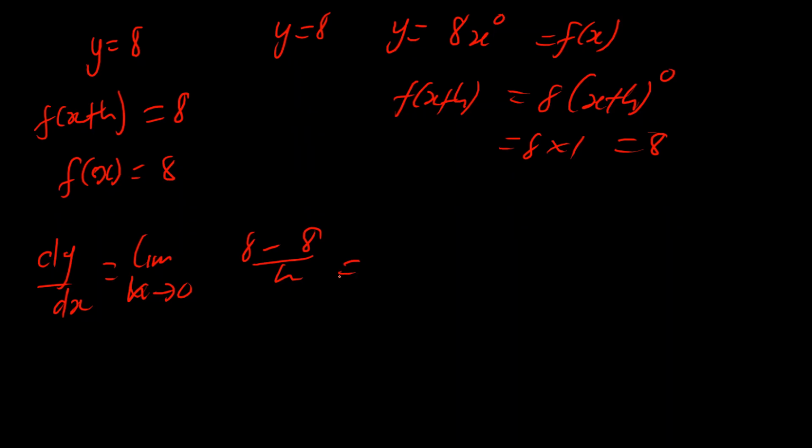And then this becomes the limit as h approaches 0 of 8 minus 8, which is 0, over h. Now, 0 divided by h is equal to 0, and the limit of a constant 0 is equal to 0. So dy/dx of this function is 0. Let's look at another complex one.